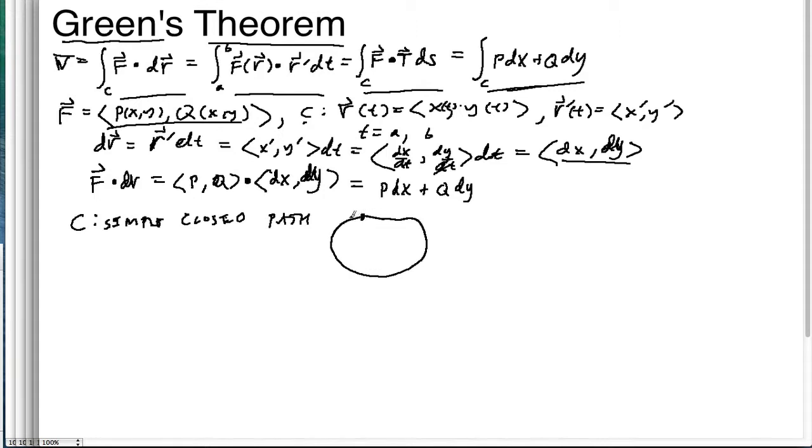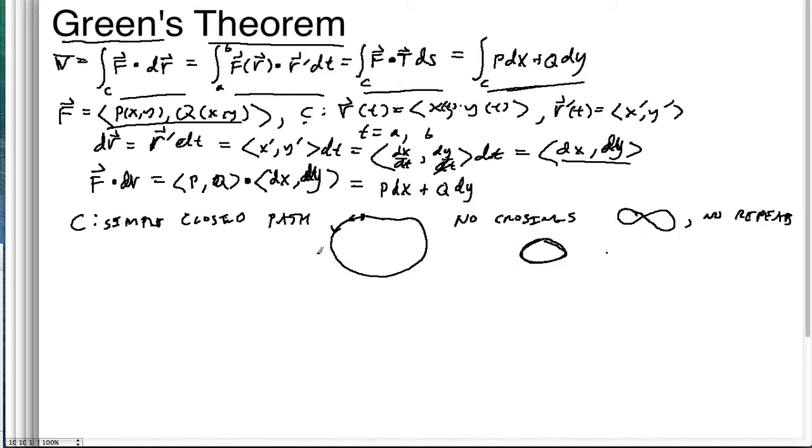So we start at some point, we end at the same point, and there's going to be no crossings, i.e. we're not going to do anything like this, and no double loops, no repeats. So we're not going to do this and then go around again.